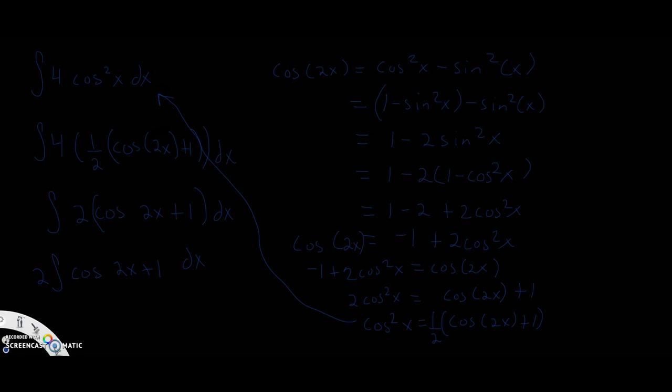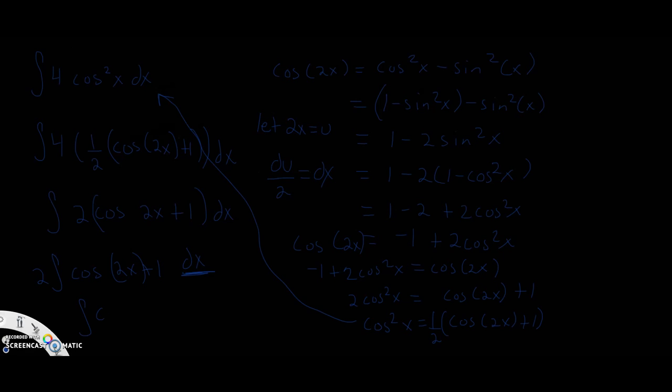So now, what are we going to let u equal? In this case, it's going to be 2x, because it's the angle, and now we know the antiderivative of cosine. So now, du over 2 is going to equal dx. I skipped a step here, but I'm also running out of room. So the 2's are going to cross out. Half of 2 is 1.